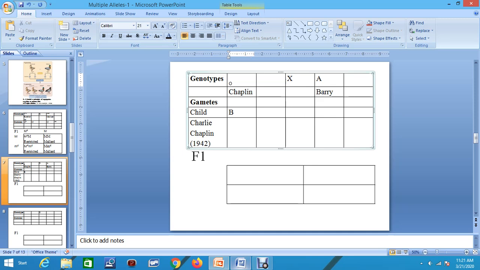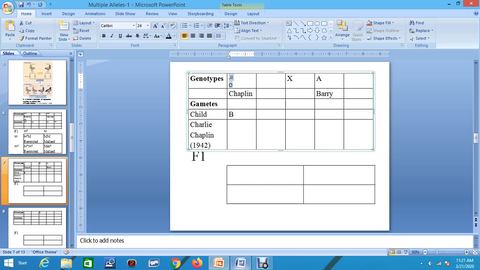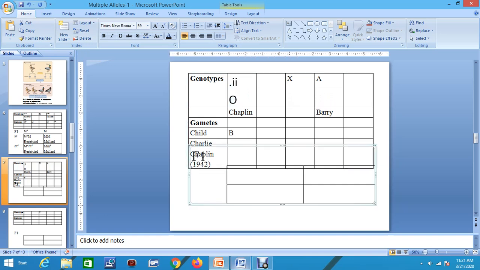For O, it is for sure that they will have only two recessive genotypes. So sorry, increase the font. Okay.